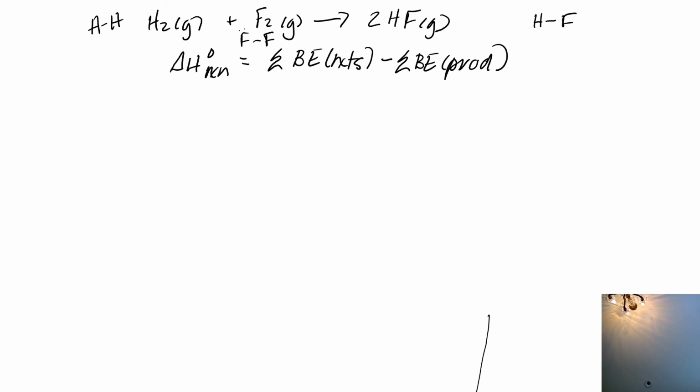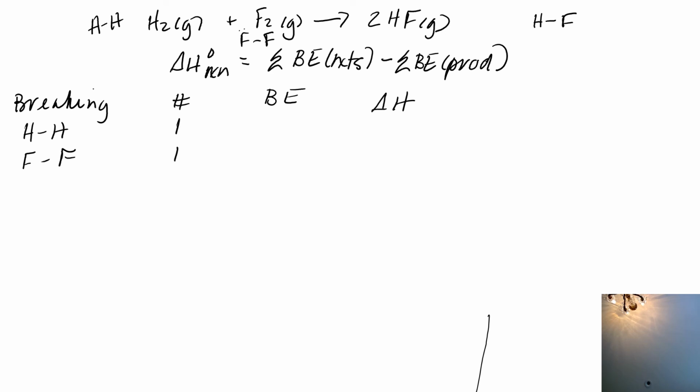Guess my battery is running low, so I'm going to quicken this up. Breaking: number, bond enthalpy, delta H. And we have H bonds, F bonds. 1 mole of each. The corresponding bond enthalpies.